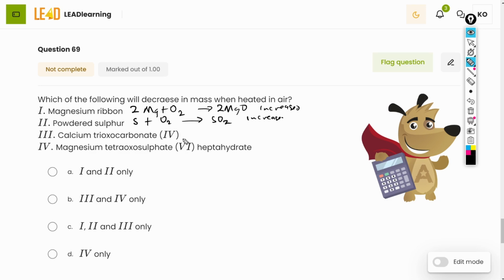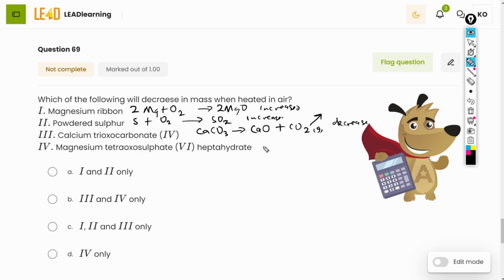Calcium trioxocarbonate IV, when heated in air, will break down to produce calcium oxide plus carbon dioxide. Clearly this will be a gas, some of this gas will escape, so there will be a decrease in mass.